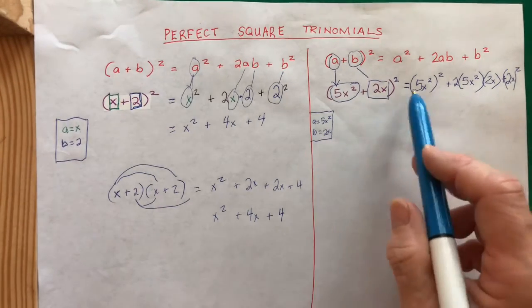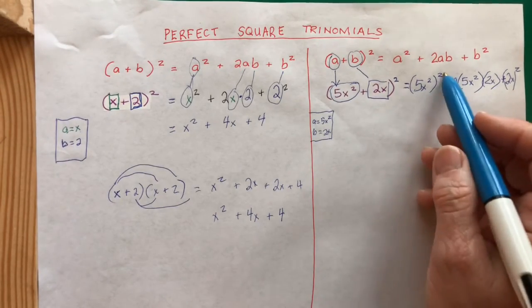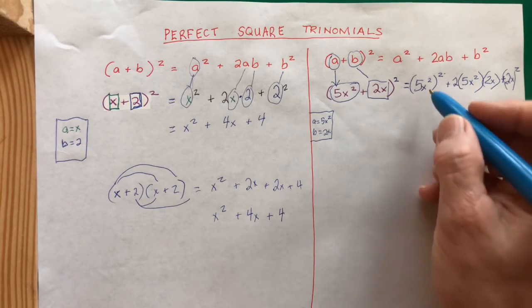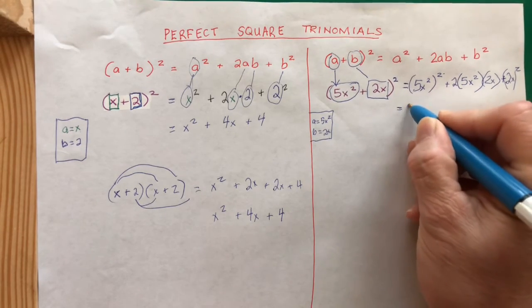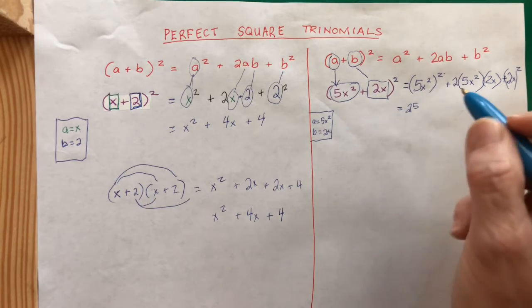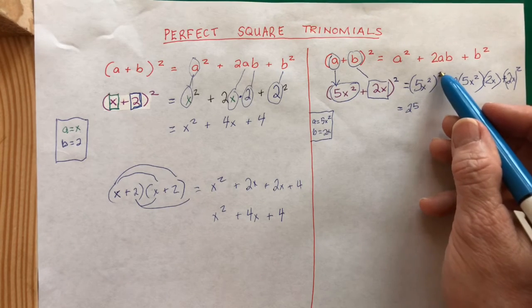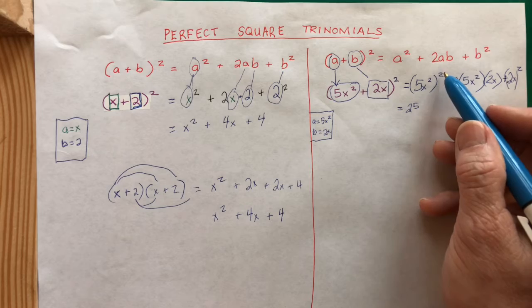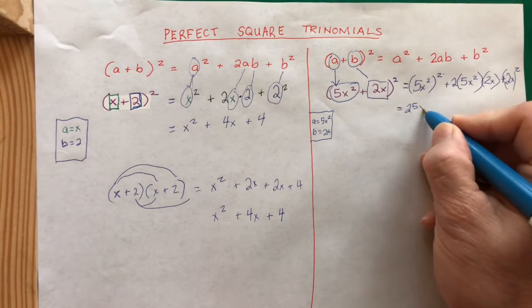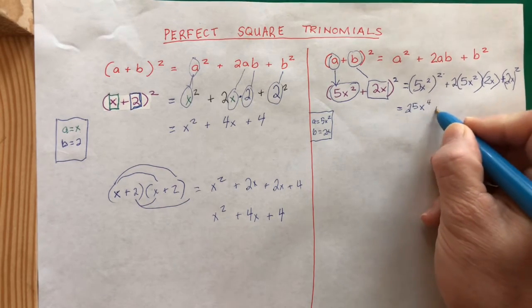Okay, now I just have to simplify. When I square this, I square everything in this. So that's going to equal 25, because 5 squared, and then x squared raised to the second power, you multiply those exponents. So it's 25x to the fourth.